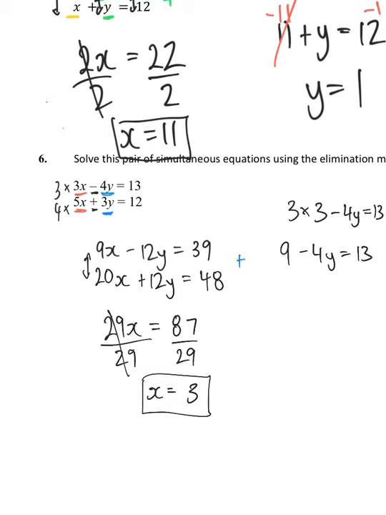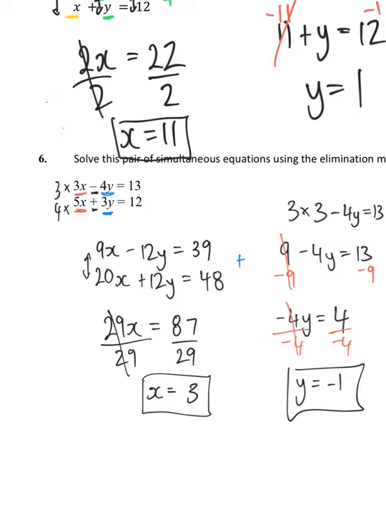To get y by itself, I'm going to minus the 9 from both sides, which leaves us with negative 4y equals 13 take 9, which is 4. Lastly, divide both sides by negative 4, so y equals negative 1. Cool, and there's our solution.